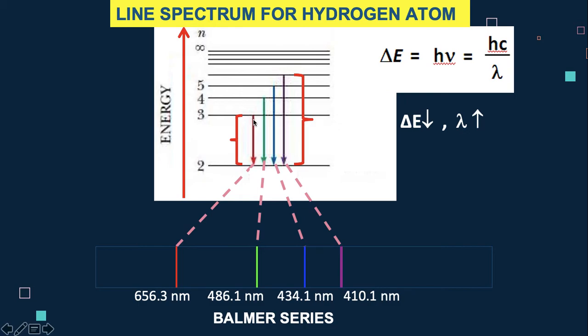When the electron falls from the 3rd energy level onto the 2nd energy level, it produces 656.3 nanometer of wavelength. From the 4th energy level to the 2nd energy level, it produces 486.1 nanometer wavelength, and so on. So as you notice, the bigger the change in energy, the lower the wavelength.